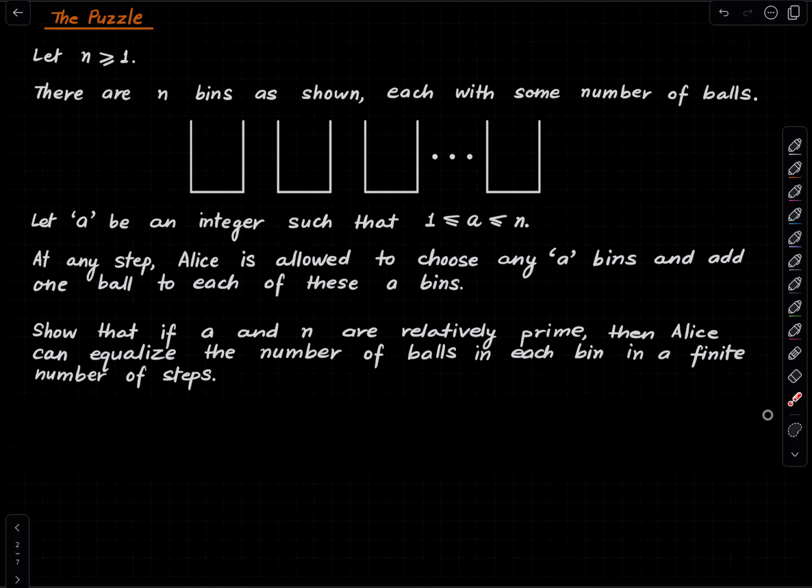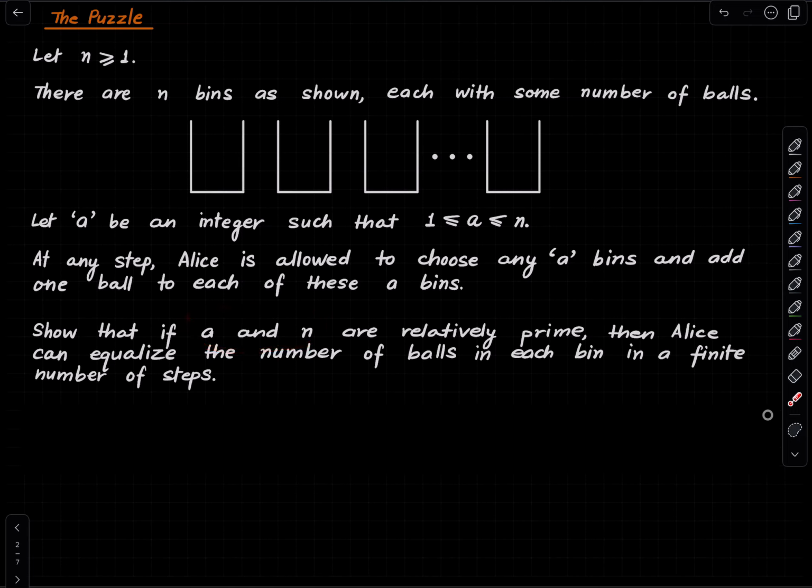Alice can look into the bin and count the number of balls in each bin. And now Alice is allowed this move, that at any move, she can choose a of the bins and add one ball to each of them. And the challenge is that she wants to equalize the total number of balls in each bin. Can she do it? Well, we want to prove that she can do it if it is given that a and n are relatively prime.